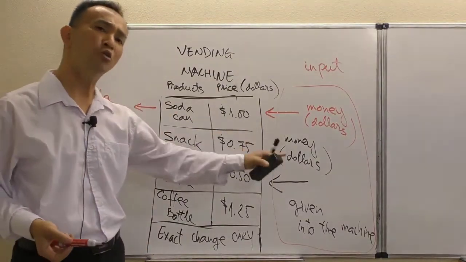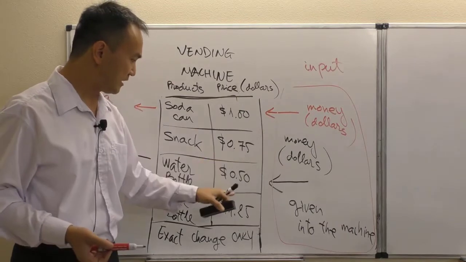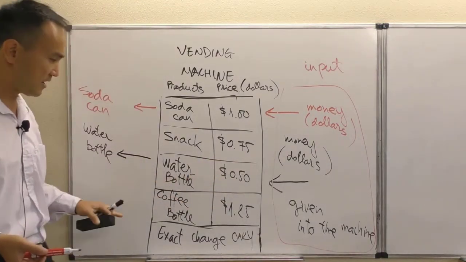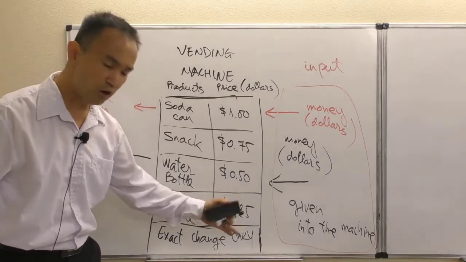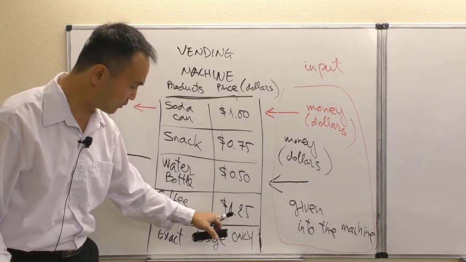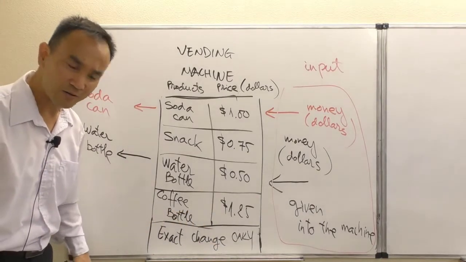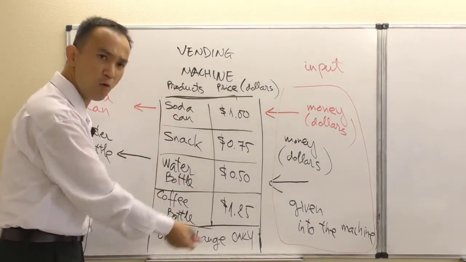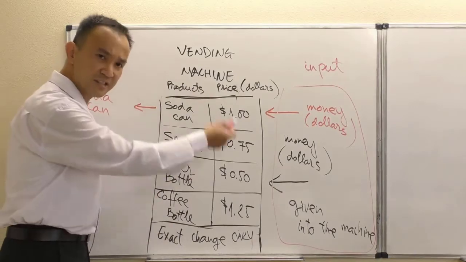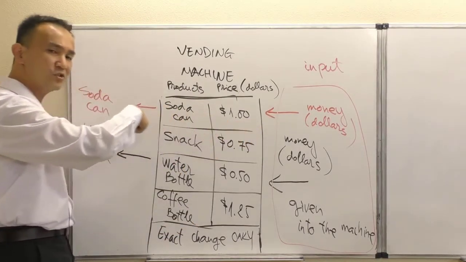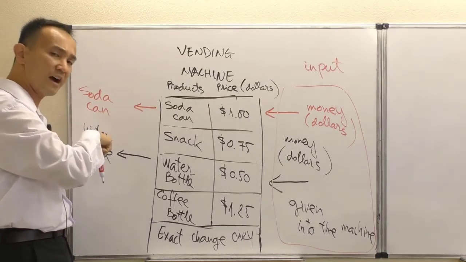You can choose to input 0.5 of a dollar, or 50 cents, to get a water bottle. And somebody else can input $1.25 to get a coffee. But the machine will know, because the machine itself is acting as a rule. This rule determines what products to give out to the user.